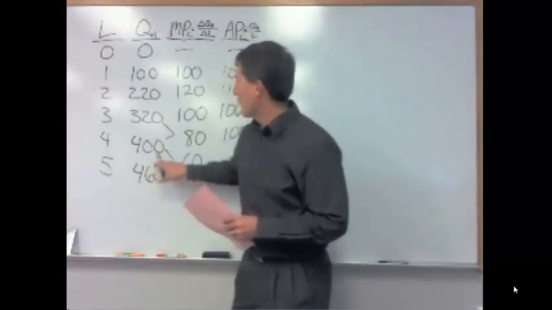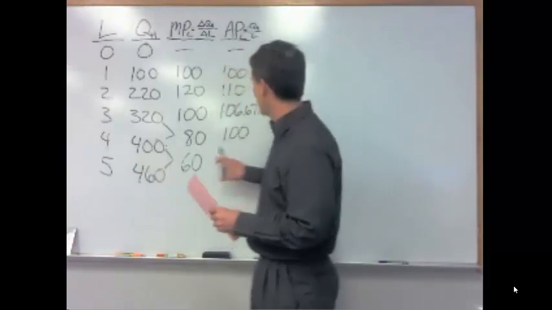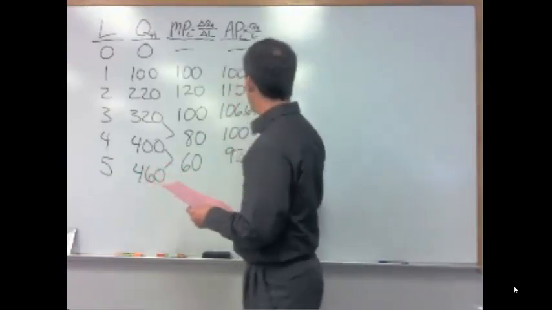And then finally, 460 hamburgers being made by 5 people means that the average person is kicking out 92.